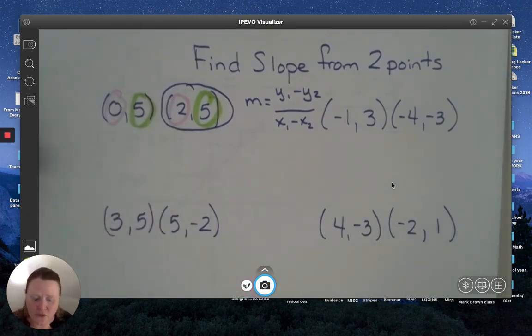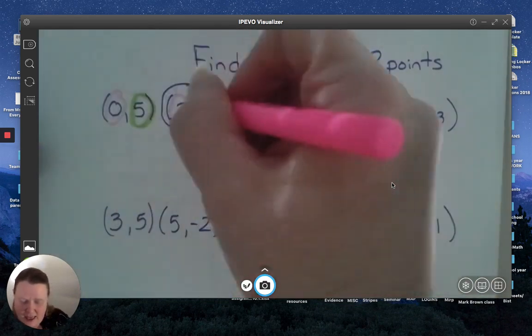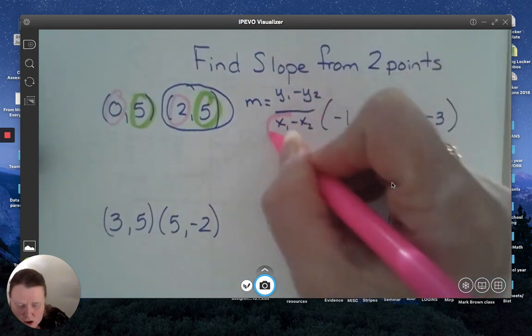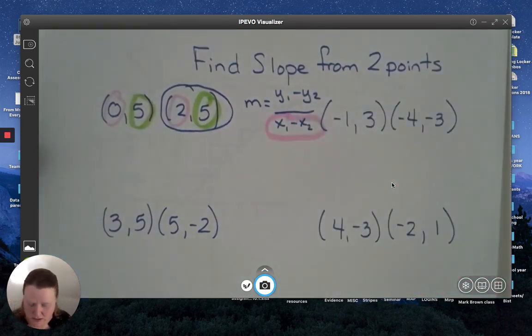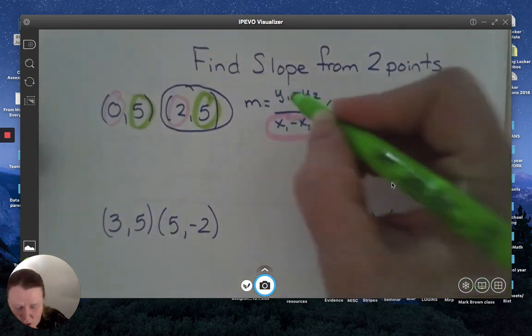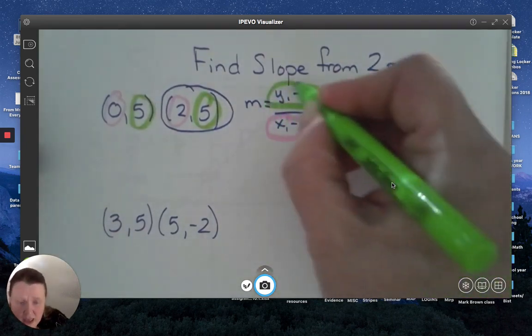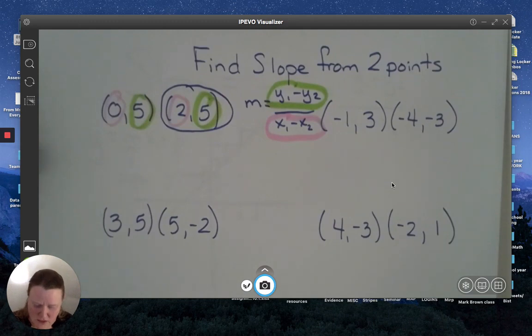So as long as you follow the pattern, it's not going to be a problem. So in this particular case, since my x's are here, I know that all of my pink is going to go in the denominator and all of my green is going to go in the numerator. And that will help me keep organized so that I don't get my numbers in the wrong places on the formula.